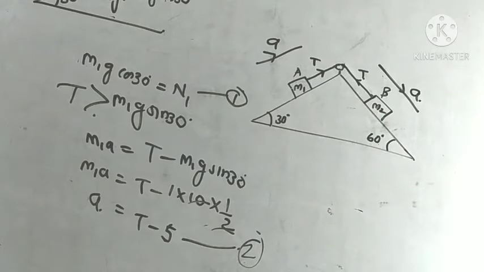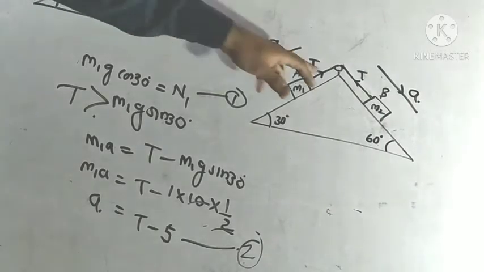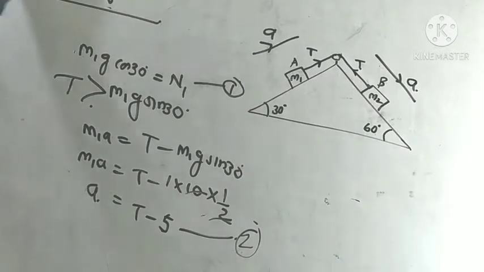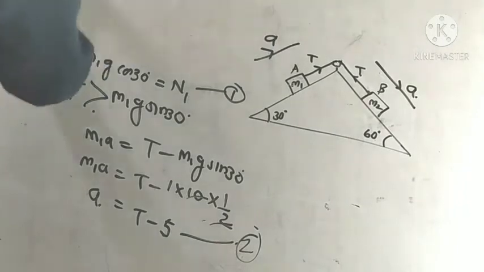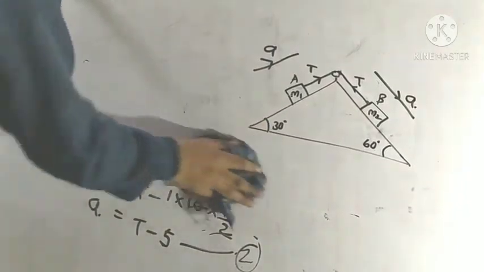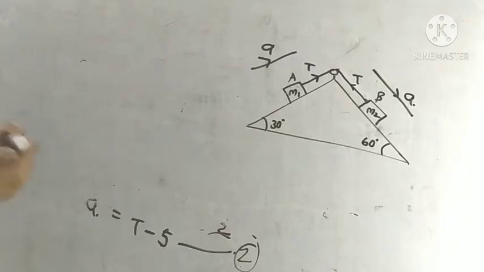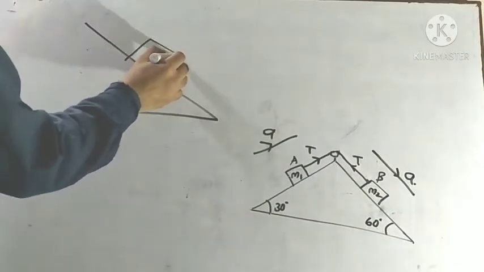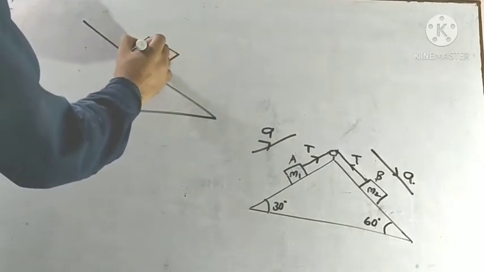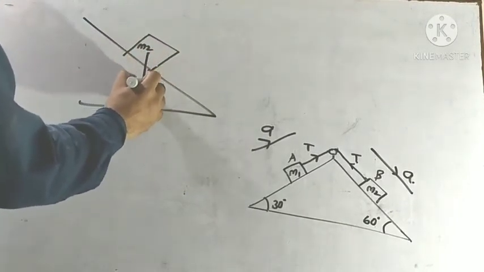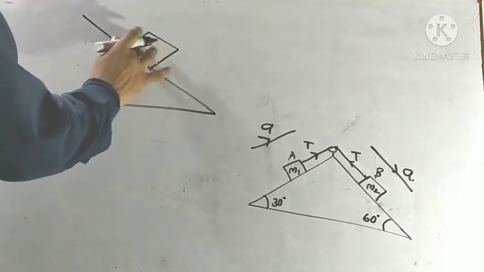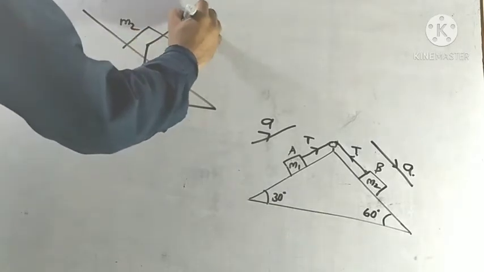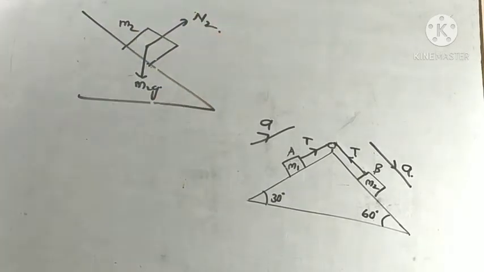Now we see the free body diagram of the second body having mass m2. The weight of this body works vertically downward, m2g, and the normal force works vertically upward, N2.